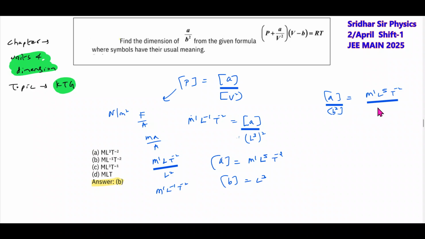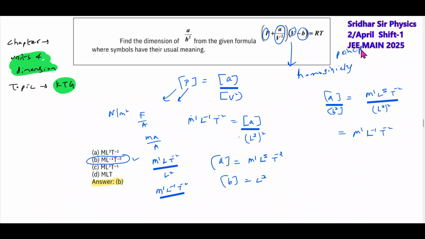The dimensions of b square will be L cube square. So M1 L to the power of minus 1 T minus 2, and this will be your option. So in the exam, if you don't remember the dimensions of pressure, use this method. If you are able to remember, okay, fine, good. From the principle of homogeneity, the dimensions of this must be equal to this. This is the principle of homogeneity idea.